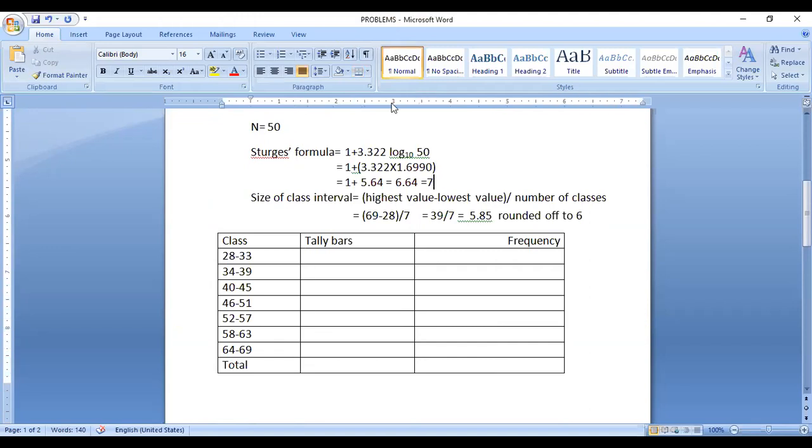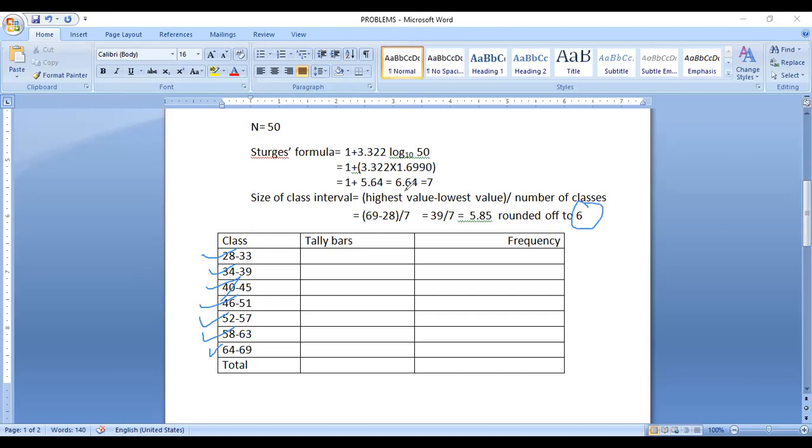You can see these are the classes 1, 2, 3, 4, 5, 6, 7. With the help of the highest value and the lowest value, we have found out the class interval size, which is determined as 6.